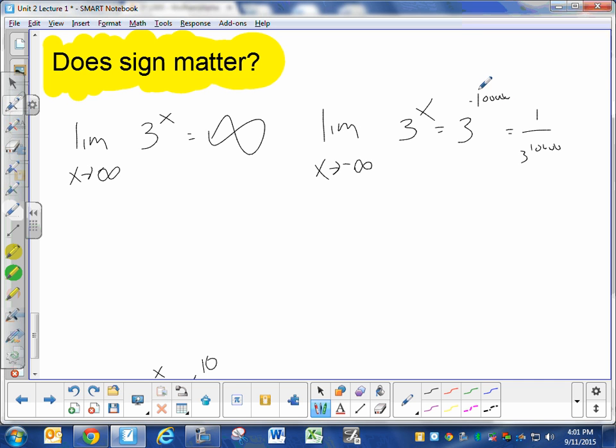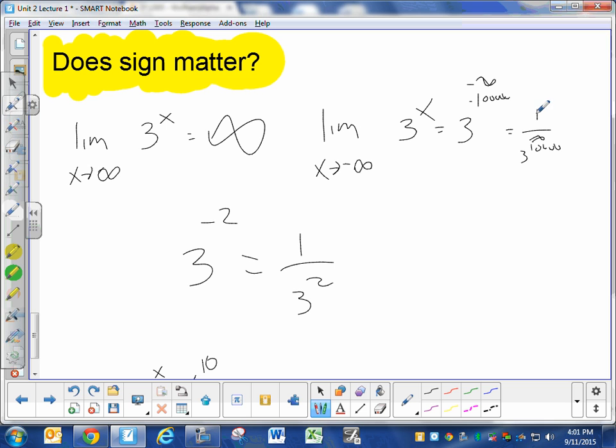Or I could say 3 to the negative infinity can be rewritten as 1 over 3 to the infinity. That's one of your exponent rules, that if you have a number to a negative power, it's the same as 1 over the number to the positive power. It's one of those exponent rules from algebra. Okay? Well, it still applies with infinities. I can go from 3 to the negative infinity to 1 over 3 to the infinity.